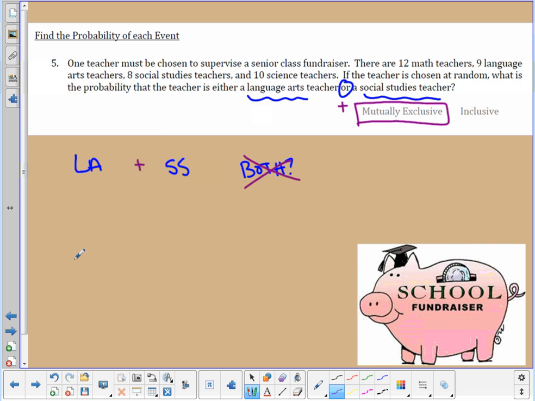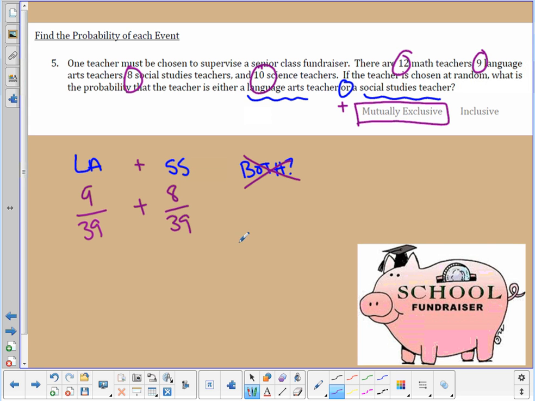So then let's look at these actual probabilities. So the probability of being a language arts teacher, we first need to know the total. I have 12 plus 9 plus 8 plus 10. So there are 39 total teachers. And then the language arts teachers, there are 9 of them. So 9 out of 39. And then social studies, I have 8 out of 39.